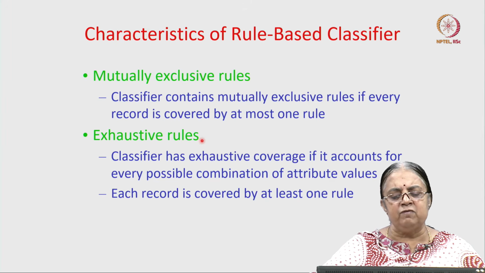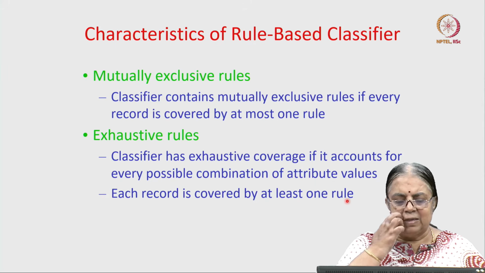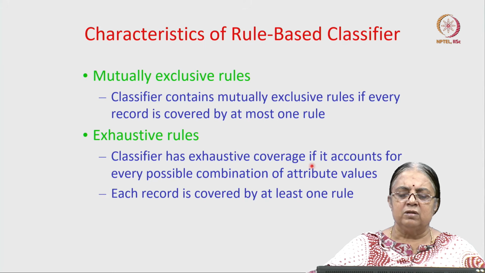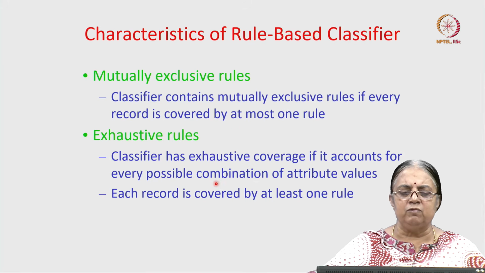It means that every possible combination of attribute values is covered by some rule or the other. That is, each record is covered by at least one rule. So, the classifier has exhaustive coverage if it accounts for every possible combination of attribute values.